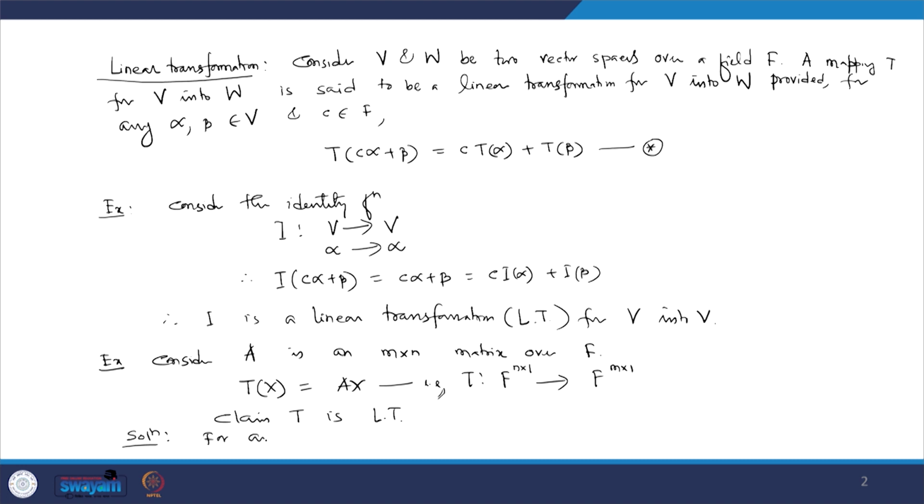For any x 1 and x 2, where x 1 is equal to x 1 prime, x 2 prime, up to x n prime, and x 2 is equal to x 1 double prime, x 2 double prime, up to x n double prime, transpose, and for c belonging to capital F. Now, c times x 1 plus x 2 is equal to c x 1 prime plus x 1 double prime, up to c x n prime plus x n double prime, transpose.